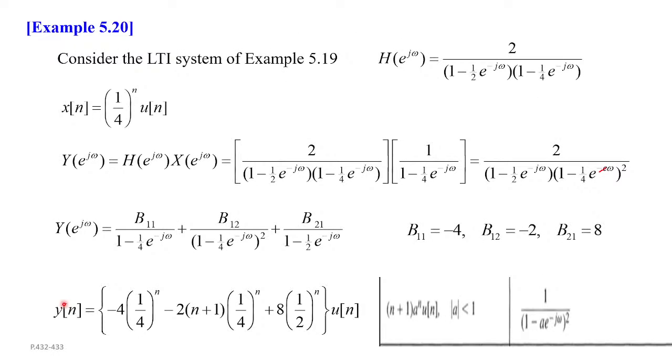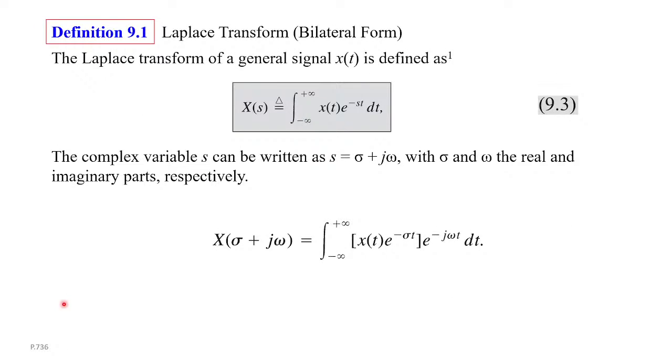Question? Not. Then yeah, let's go to chapter 9. So chapter 9 is Laplace Transform. It's like Fourier transform, but instead of transforming to a real variable omega, we transform to a complex plane S. And the definition is written like this: you have some x of t, and you integrate t, which is still real, from minus infinity to plus infinity, and you multiply by e to the minus st. And now this s is a complex number.